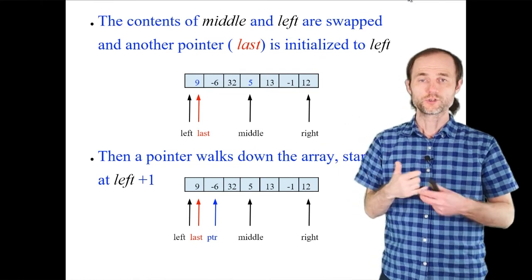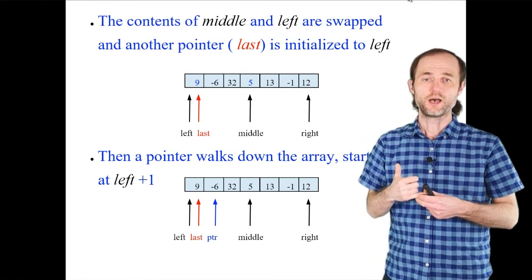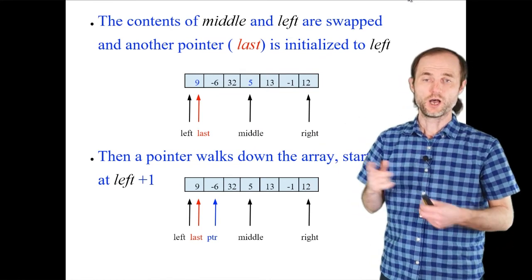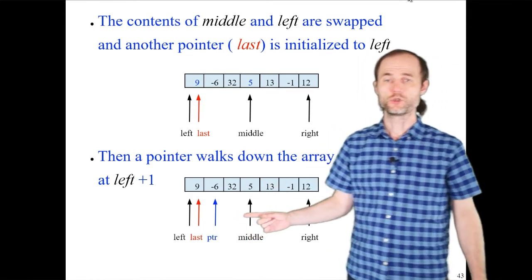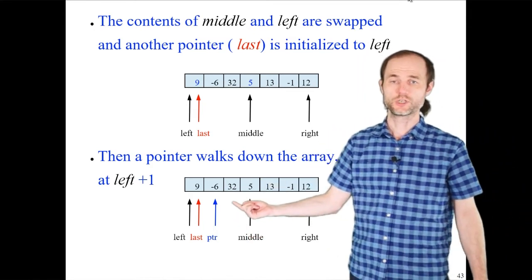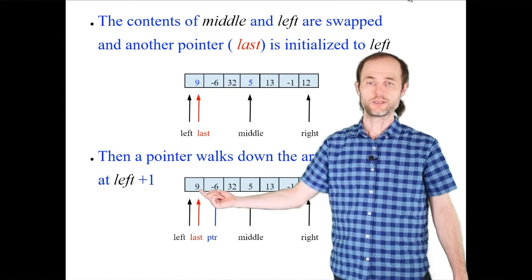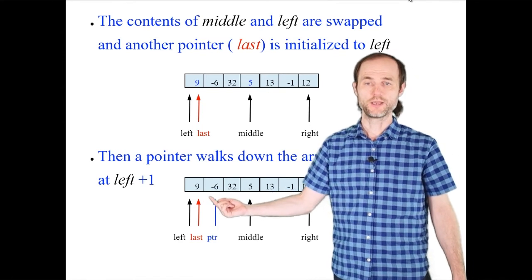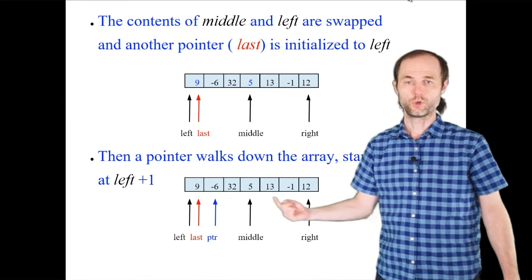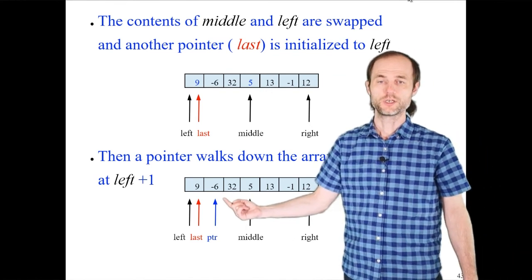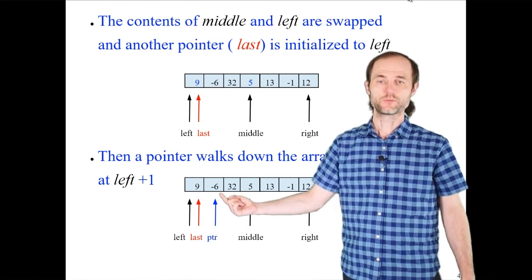So first, it lets the pointer PTR walk down the array. It starts at the very first element, that is right after 9. So it needs to walk through all of these elements. And for every element it checks, is it smaller than 9?